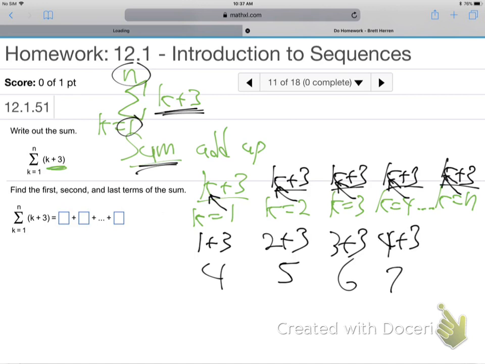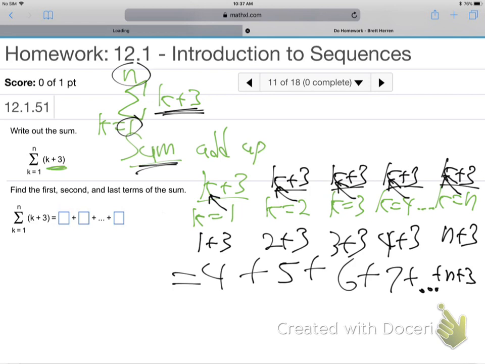Plug in n, the last one, dot, dot, dot, you get n plus 3. And then add them up, put plus signs between them. Plus, dot, dot, dot, plus n plus 3. Does that make sense, the language that formula is speaking?